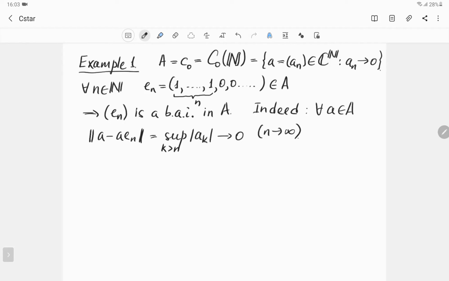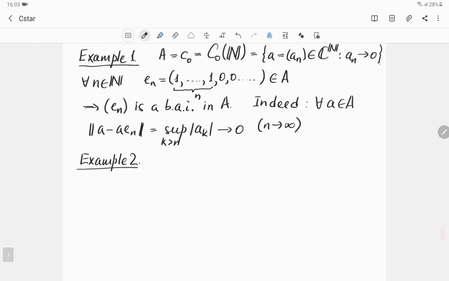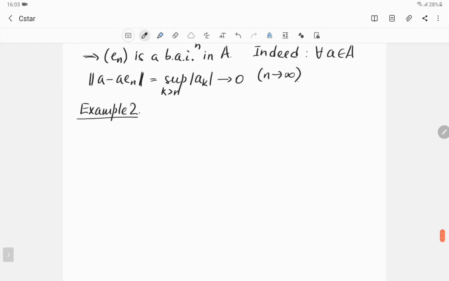So it's a bounded approximate identity. Example 2. Let A be the little l1 space. And we consider it as a Banach algebra with pointwise multiplication.